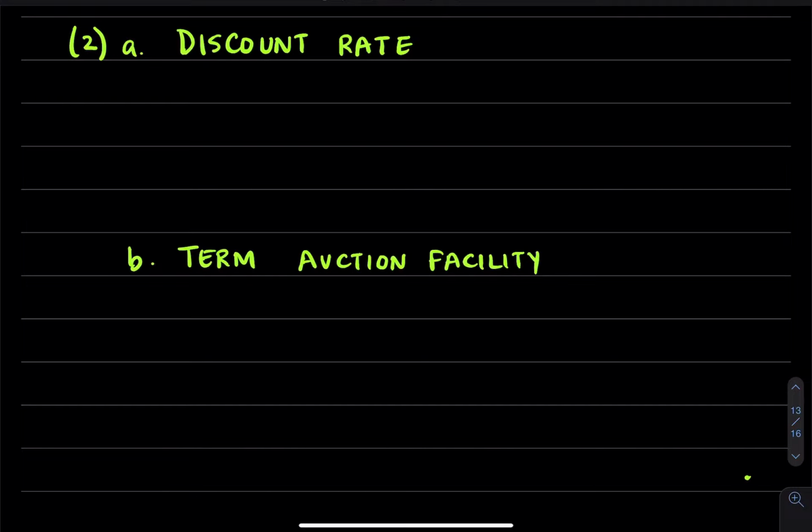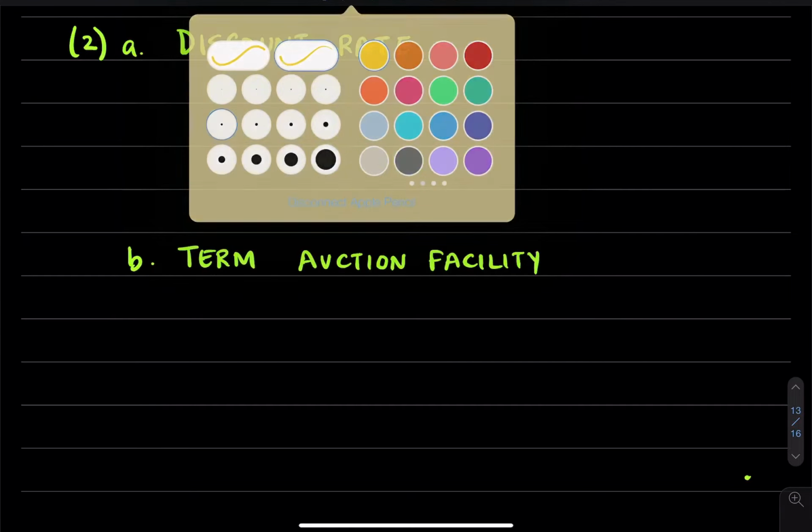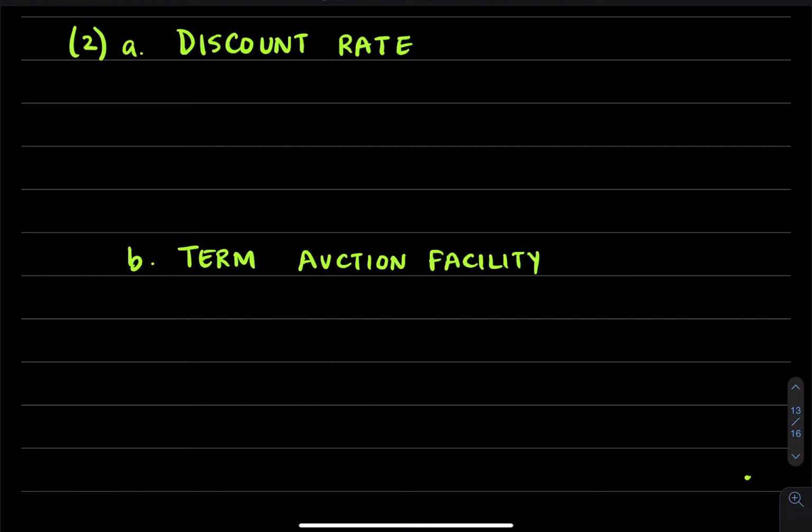Let's take a look at the second tool of the Federal Reserve, which is either trying to change the discount rate or doing some sort of an auction. So the Fed could make loans to banks, increasing their reserves.